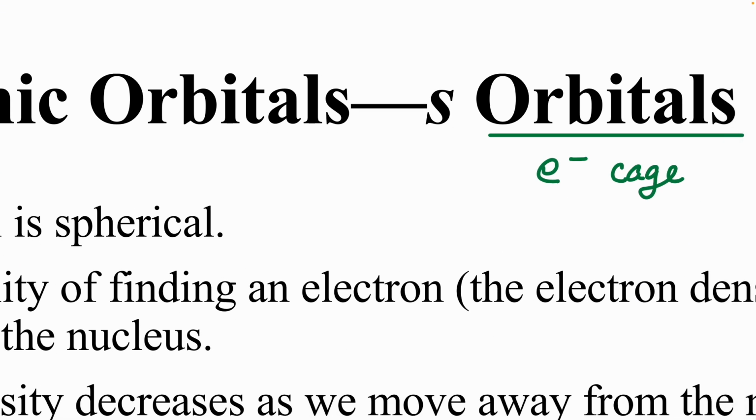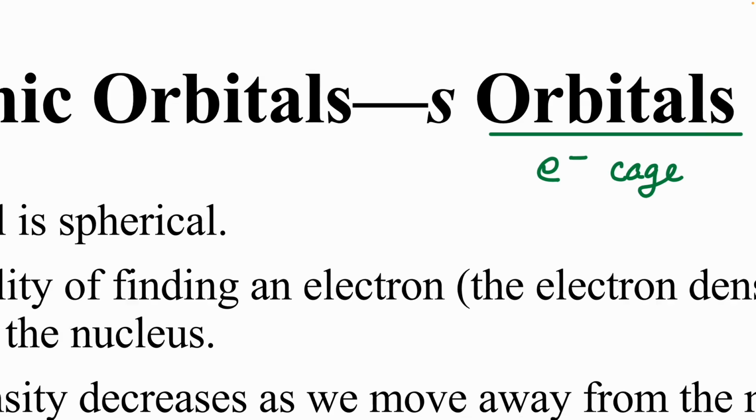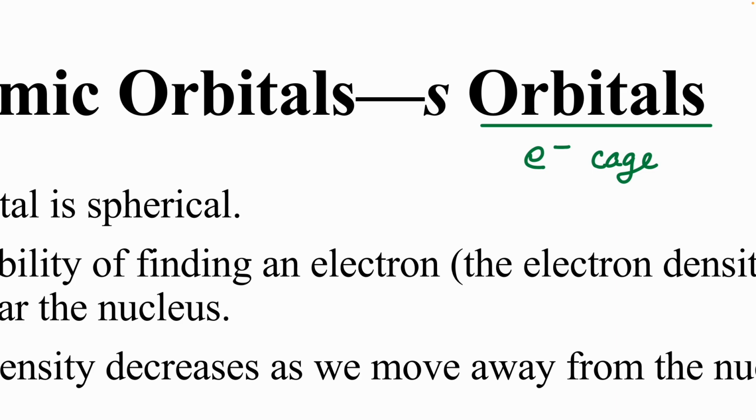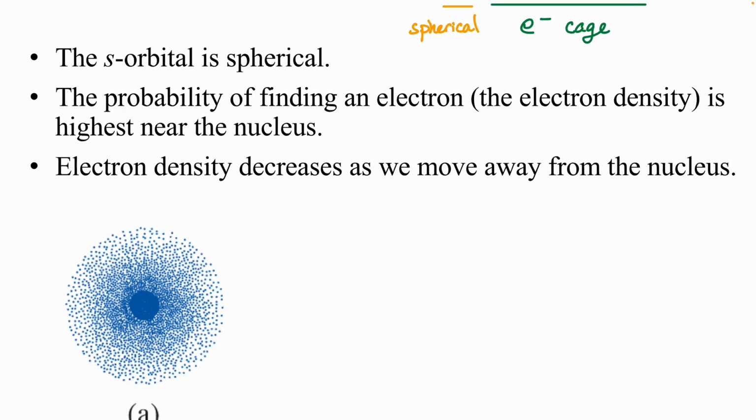Honestly, think about it as an electron cage, all right? Cool, so the first orbital that we're going to look at specifically is what's called an s orbital. And the s here stands for spherical, because these are spherically shaped orbitals.